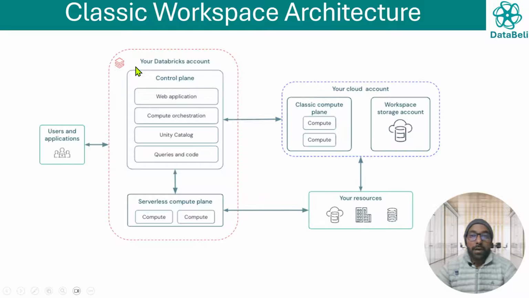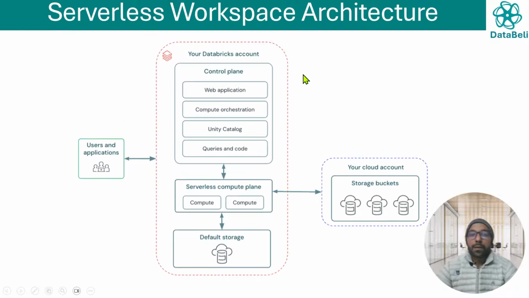This architecture is called the classic workspace architecture, because recently, in the month of November, Databricks released another type of workspace, which they call a complete serverless workspace. In that workspace, we cannot use the all-purpose or job clusters anymore.